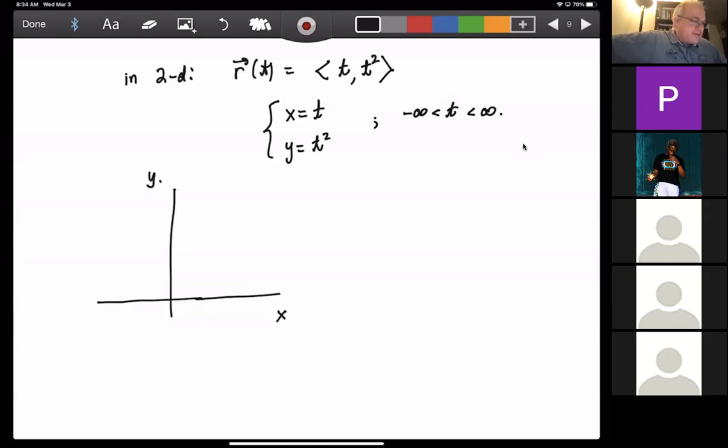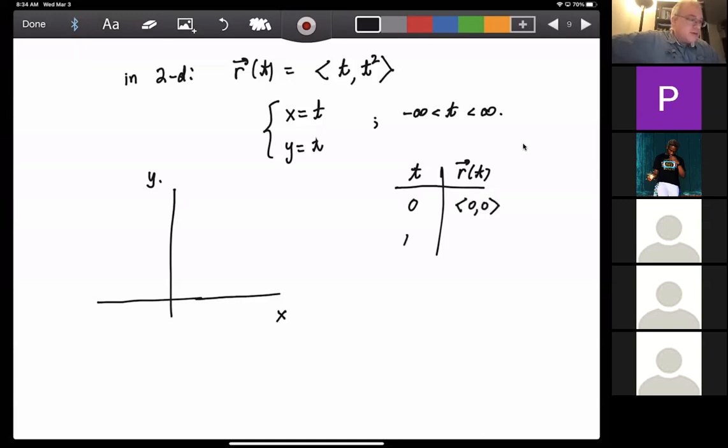And the graph of this vector function is going to be some curve in general in 2-dimensional space. So let's say, just make a little table. When t is equal to 0, our vector function is 0, 0.